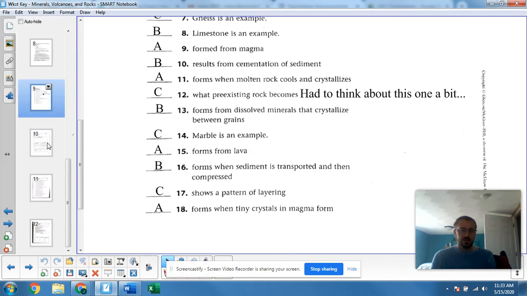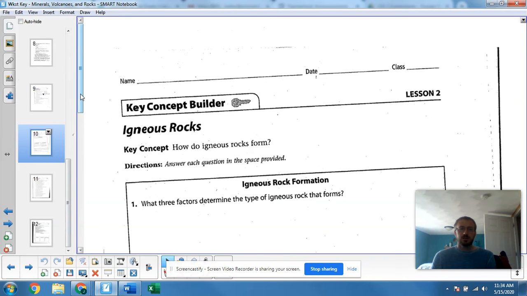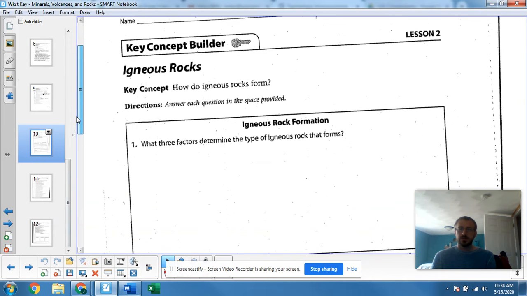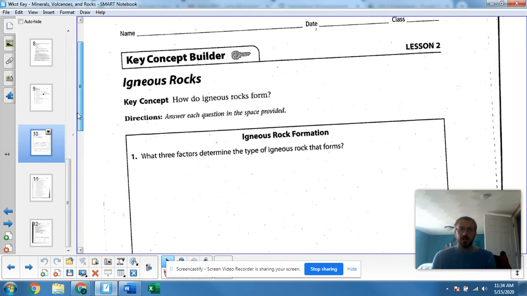Okay, so those are the answers and a little bit of explanation for some of those. We go to page 10 here, which is a little wonky on my screen.